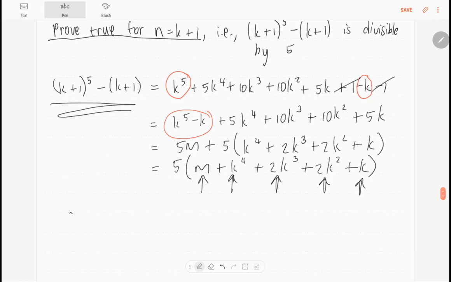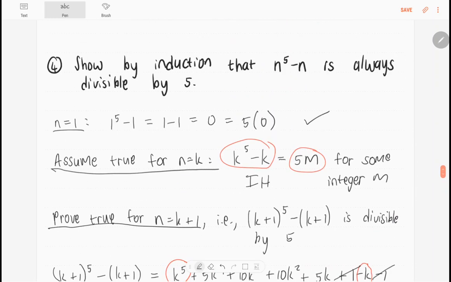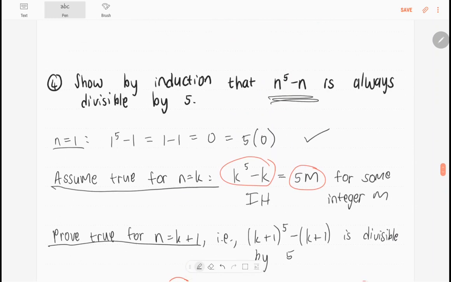So k plus 1 to the 5 minus k plus 1 is divisible by 5. And therefore, the statement that n to the 5 minus n is divisible by 5 is always true.